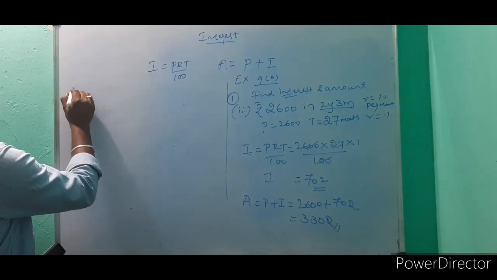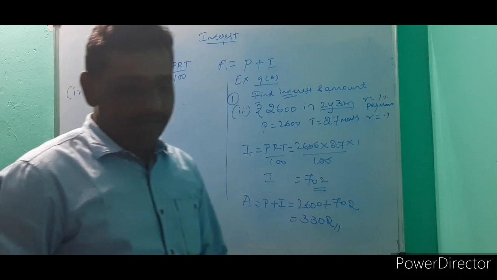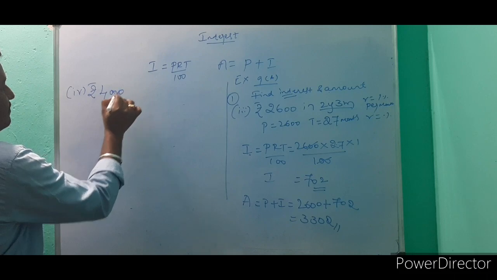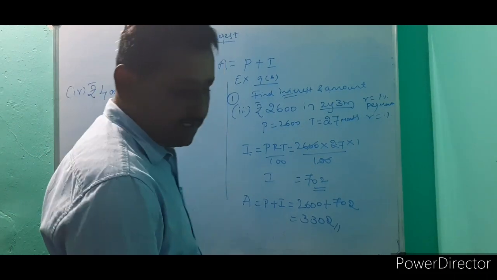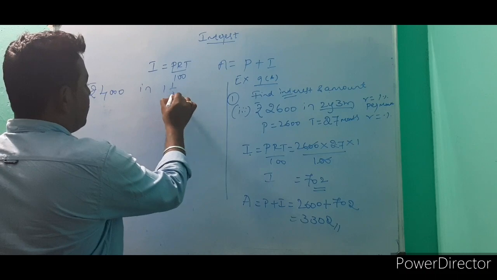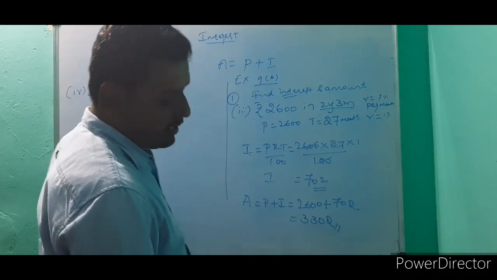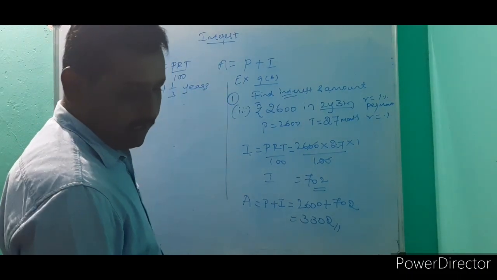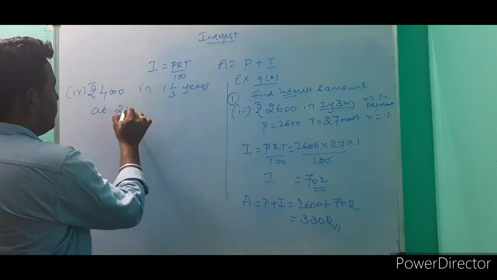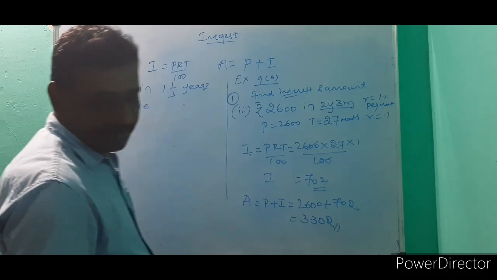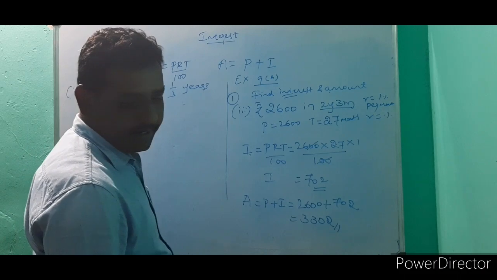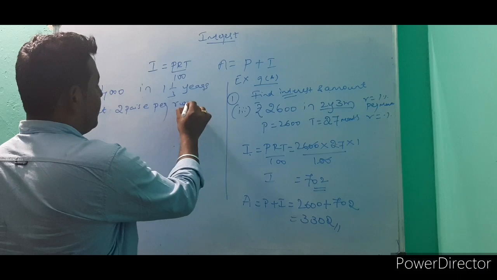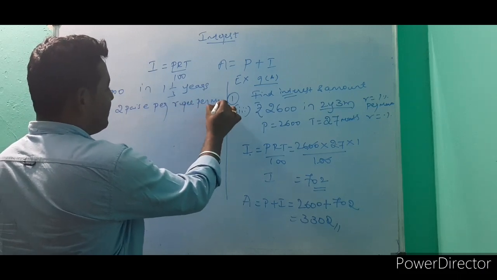In that one, next is the fourth one. Fourth one: rupees 4000 in 1 by 3 years, at 2 paise per rupee per month.